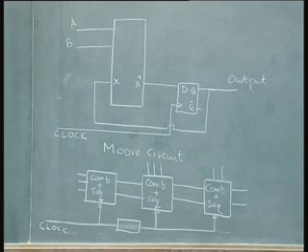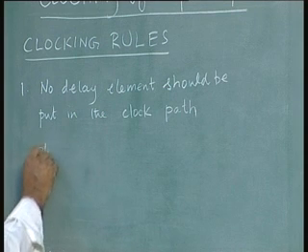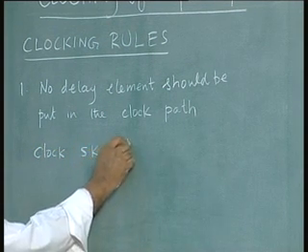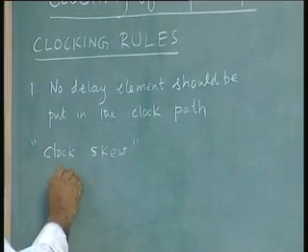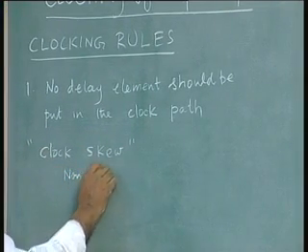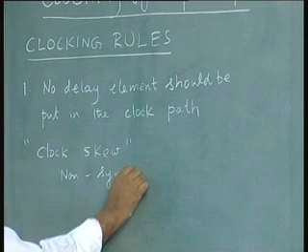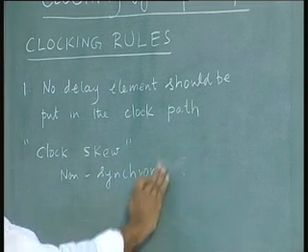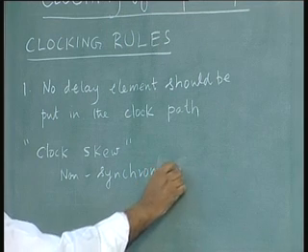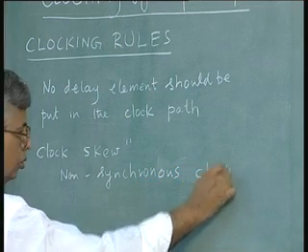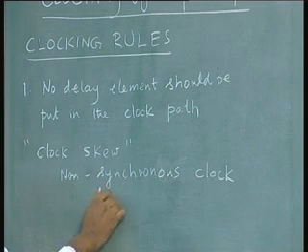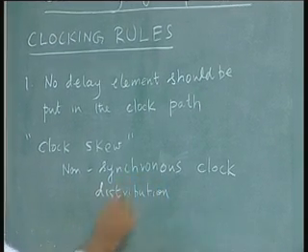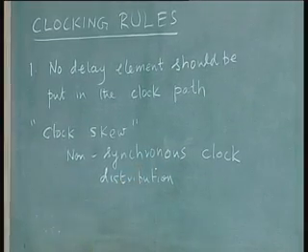People define something as a clock skew. Clock skew is a term which is used for non-uniform or non-synchronous distribution of clock. All the clocks should appear at the same time in all the modules.